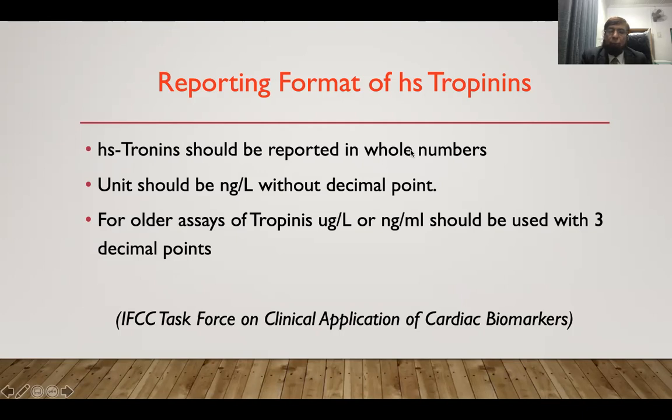That means instead of 33.9 or 33.4, you should use a whole number, and the unit should be nanogram per liter, to distinguish it from the older assays, which were reported in microgram per liter or nanogram per ml. In those assays you can use 3 decimal points, while in HS assays they should be reported without decimal points, in nanogram per liter.